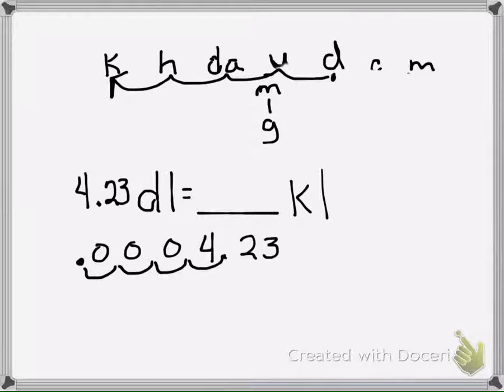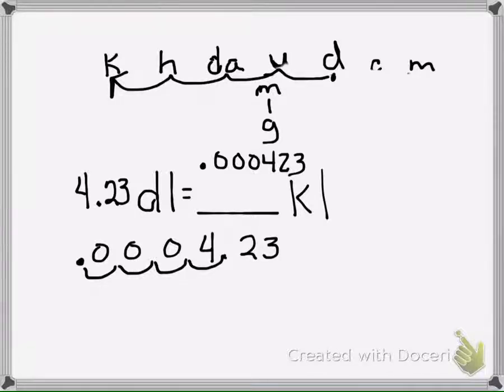That is equal to this right here, which, let's see if I can even read that decimal. That as a decimal is going to be 423 tenths, hundredths, thousandths, ten thousandths, hundred thousandths, millionths.